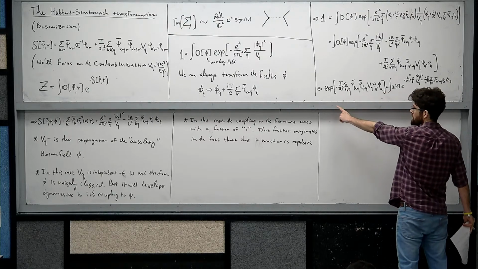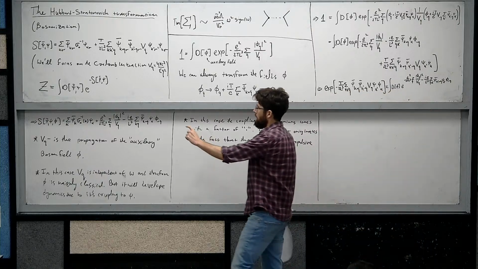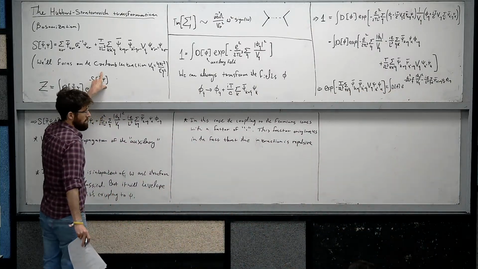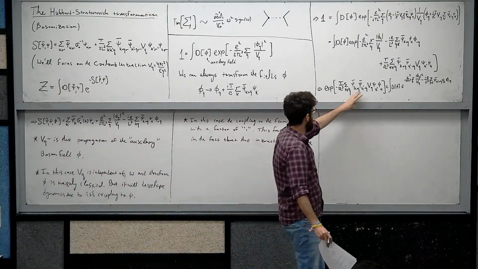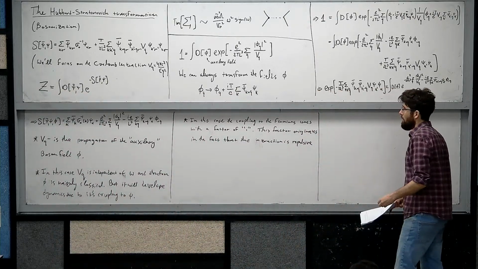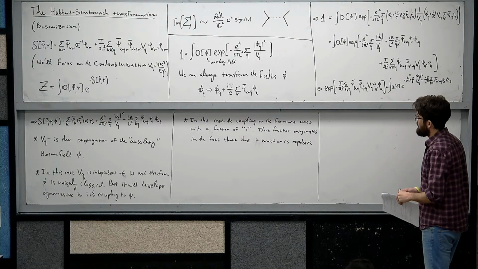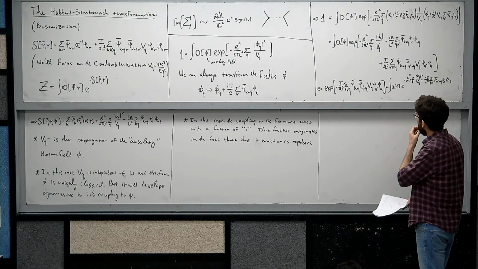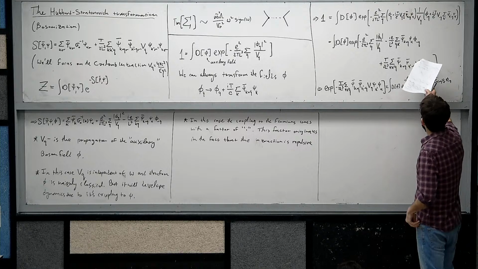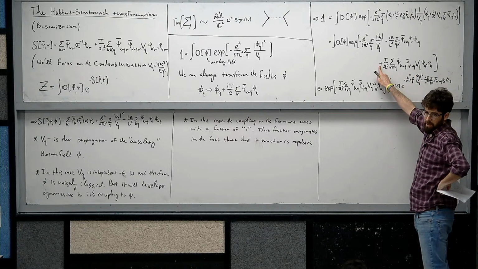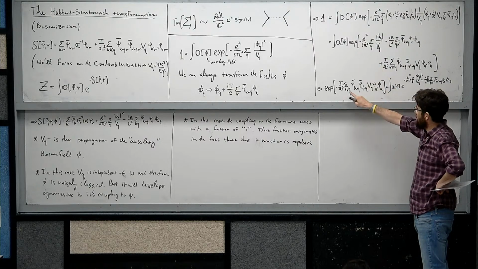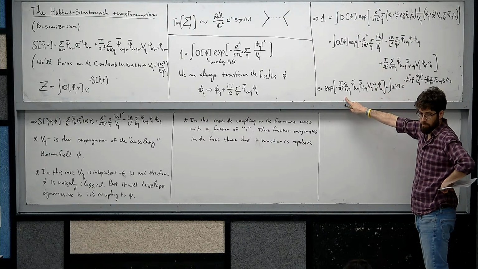When we have a repulsive interaction, then e to the minus S is e to the something negative. Now you could ask, why did I do that? Why is that important? Because if I wouldn't put this I here, then I wouldn't get this plus here. It would be minus. And then the interaction I would get is attractive.